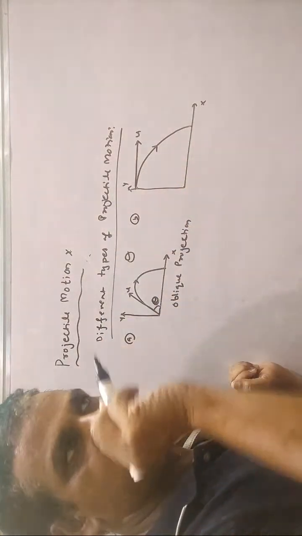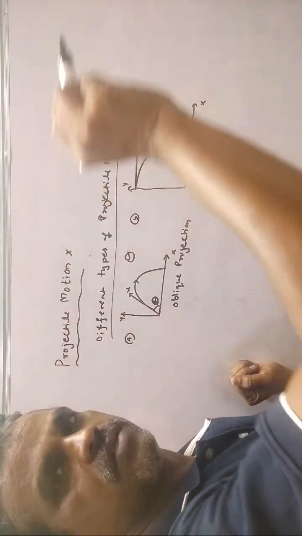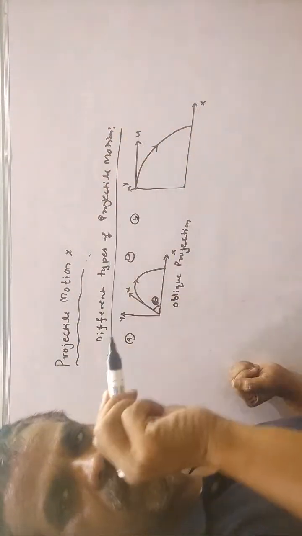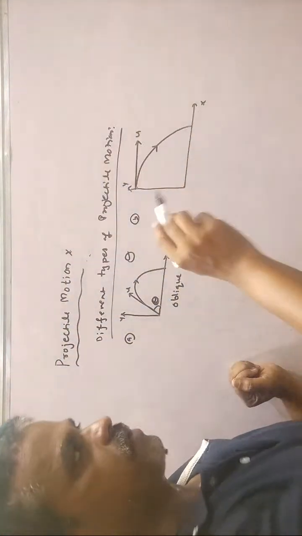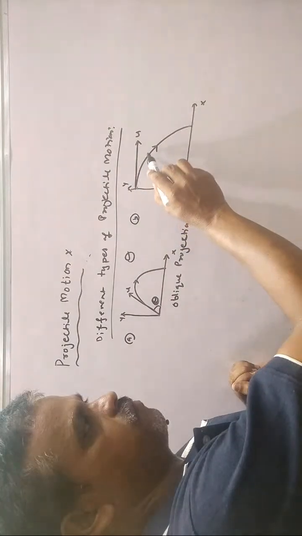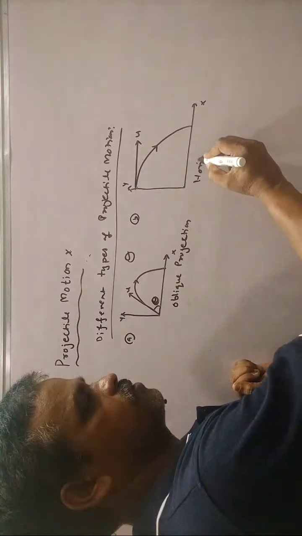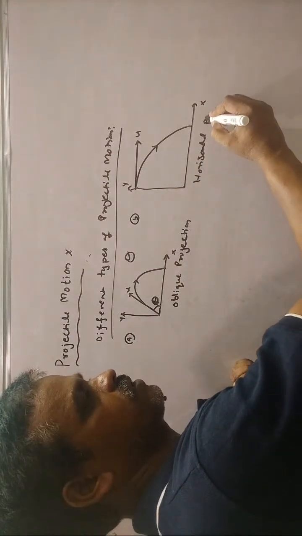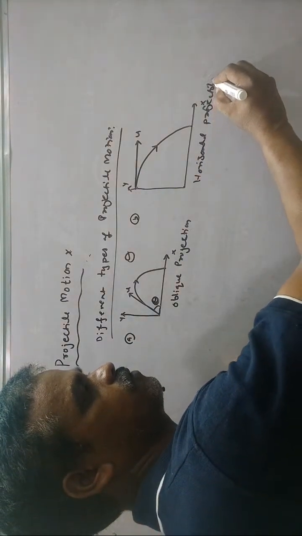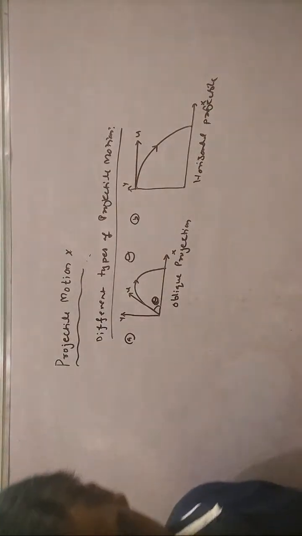If we project horizontally with some initial velocity, like a ball, the ball will not go straight only, it will fall like this. If you project a body with initial velocity, the body will follow the path like this. This motion is horizontal projectile.